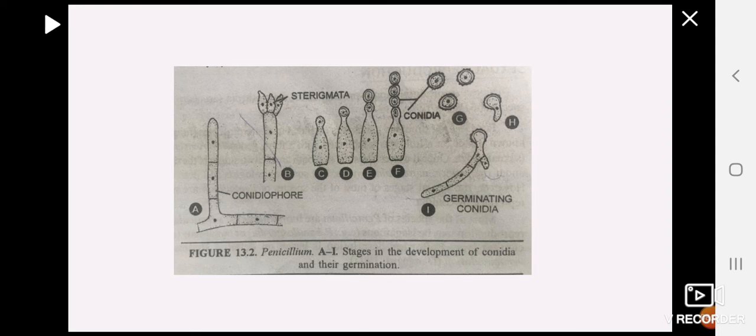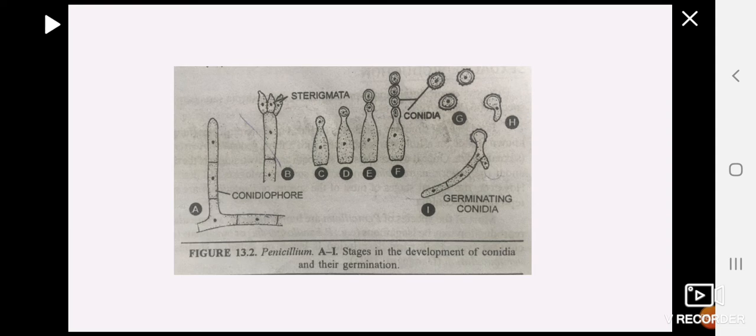Now this conidium is pushed forward and the next swelling is developed and leads to formation of the next conidium. Now these conidia are formed in chains in a basipetal manner, that is, the older towards the apex and younger towards the base.